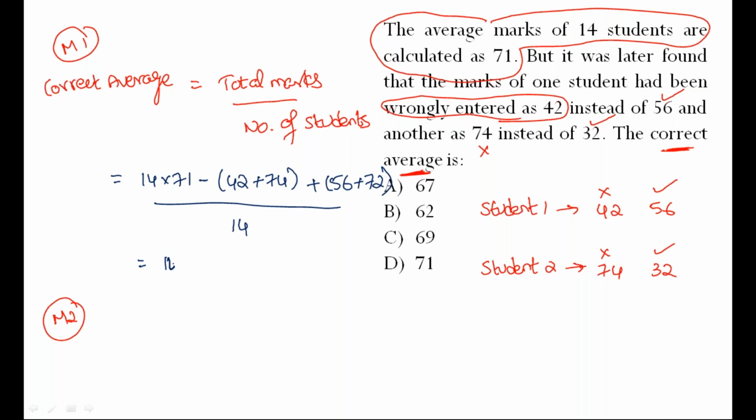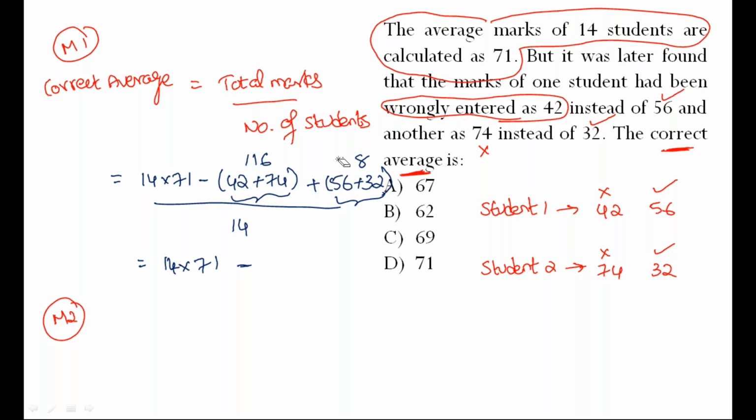Don't multiply 14 into 71, keep it as it is. Now here, 42 and 74 together is 116, and 56 and 32 together is 88. What is the difference? Let's check the values, 56 and 32, right?